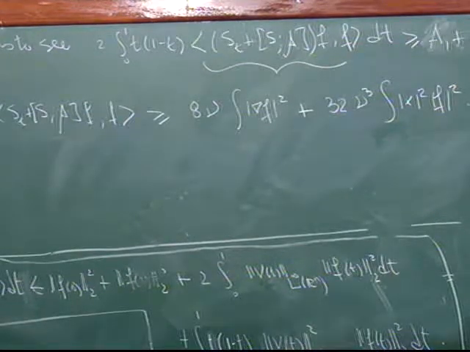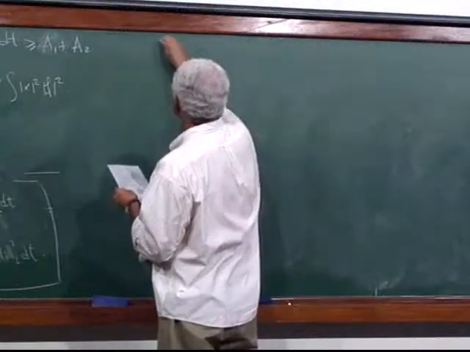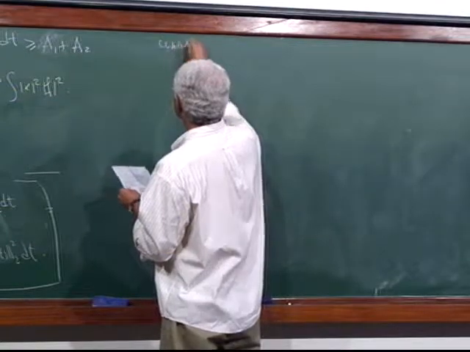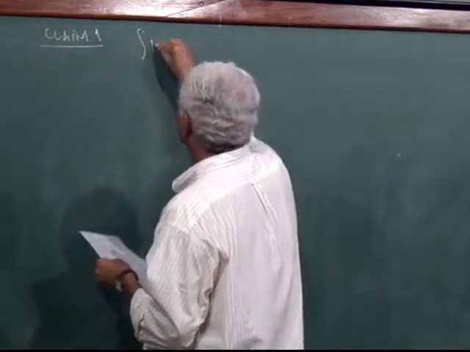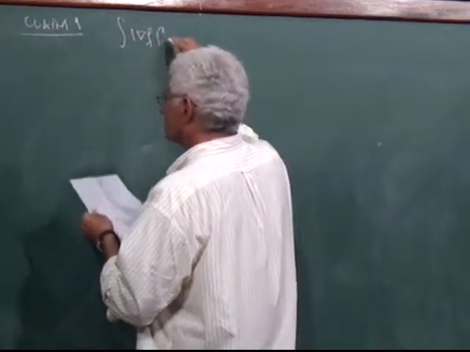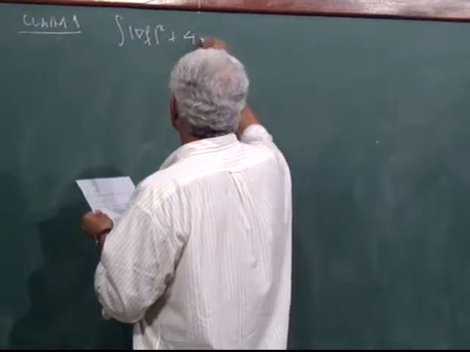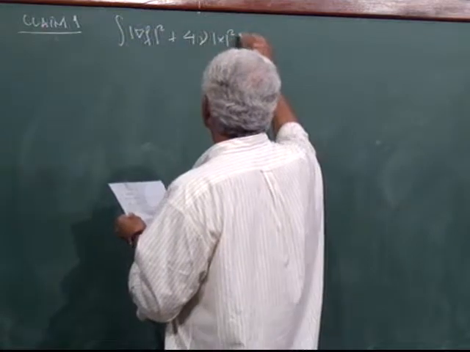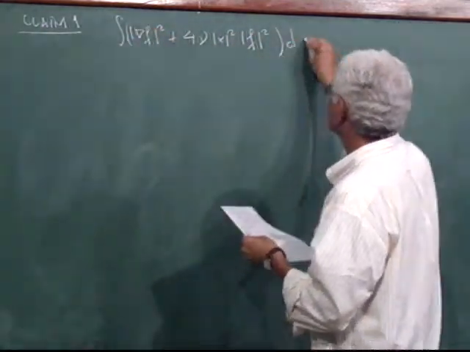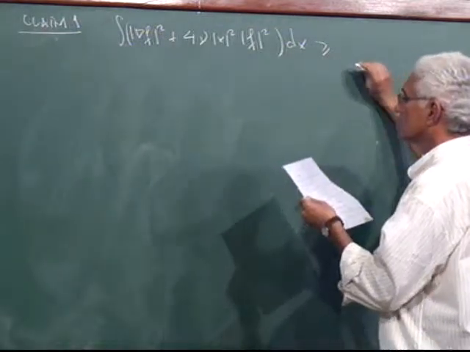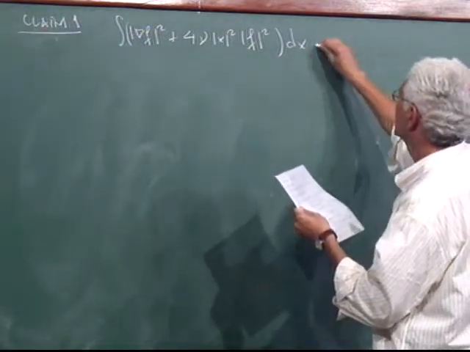Okay. Claim 1. The gradient of f squared plus 4 times this quantity, f squared dx is larger, or is equal, in fact, to this.